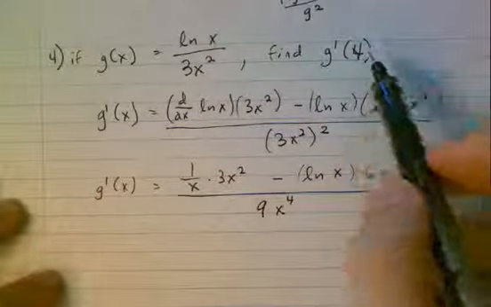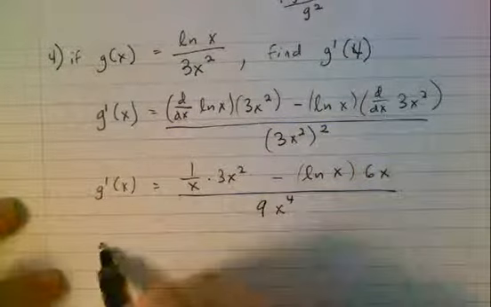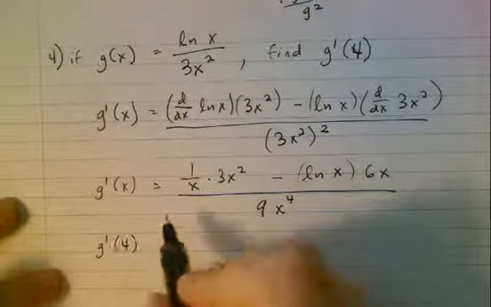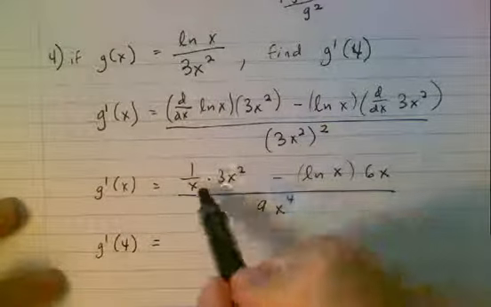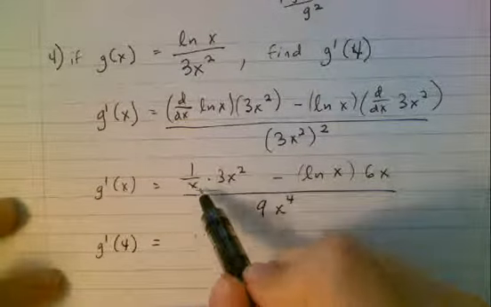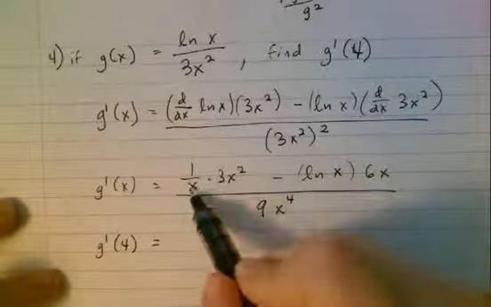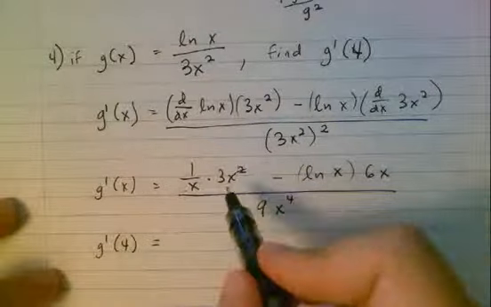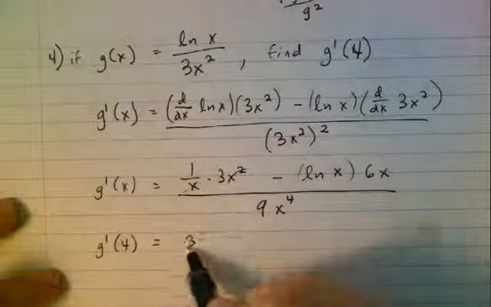Now we're ready to put in this 4 for x, so g prime of 4. We notice here that this can be simplified a little bit. This x cancels out one of the x's there, so this is just 3x.